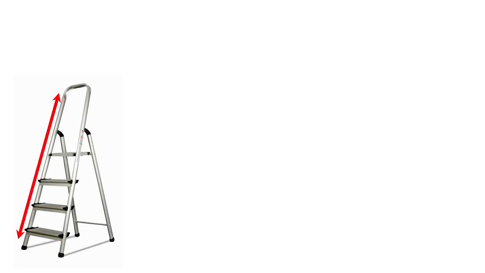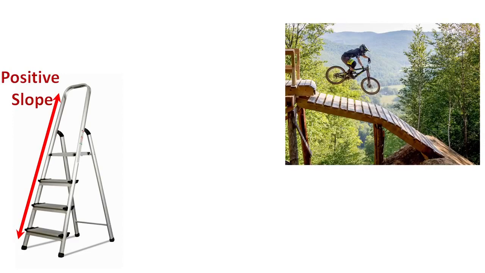Now, let's go back to the figures a while ago. This ladder, what is the slope for this ladder? Is it positive, negative, undefined, or 0? Positive. Positive slope because the ladder is slanting upward from left to right. What about this figure here? Negative slope.